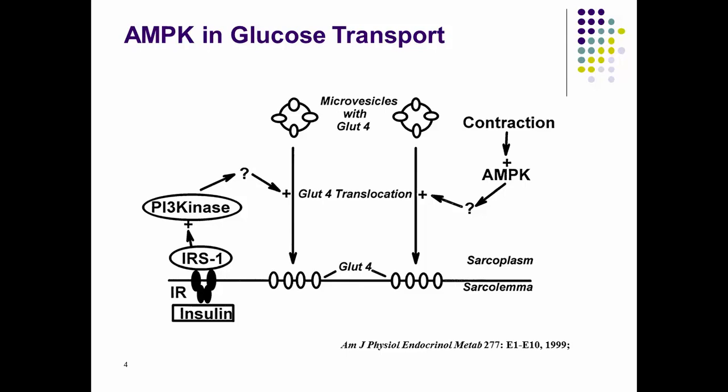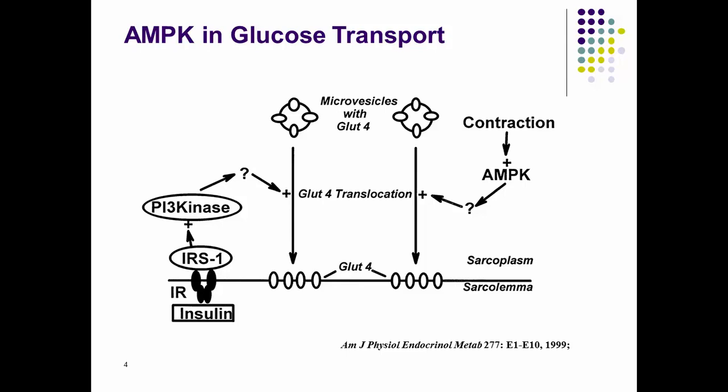In response to insulin, GLUT4 goes to the cell surface and transports glucose from circulation into the muscle cells. And there is also an alternative mechanism that can drive GLUT4 to the cell surface, which is independent of insulin.